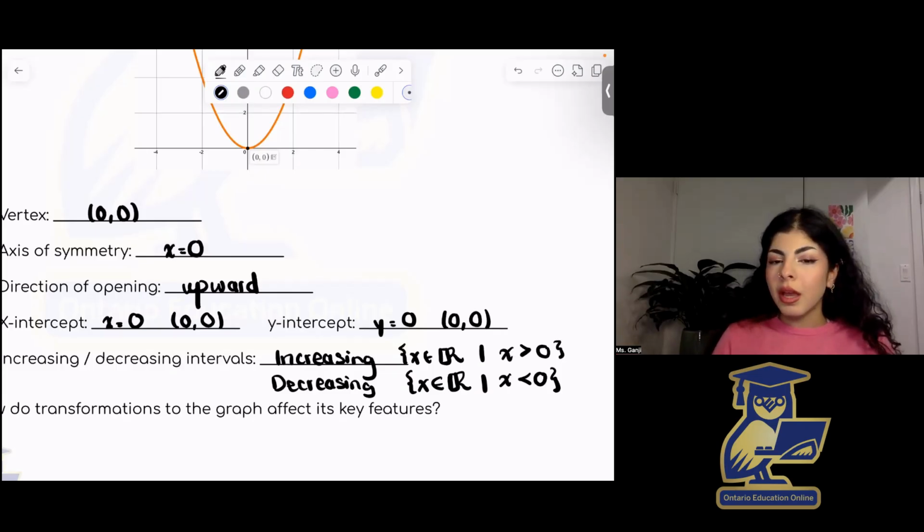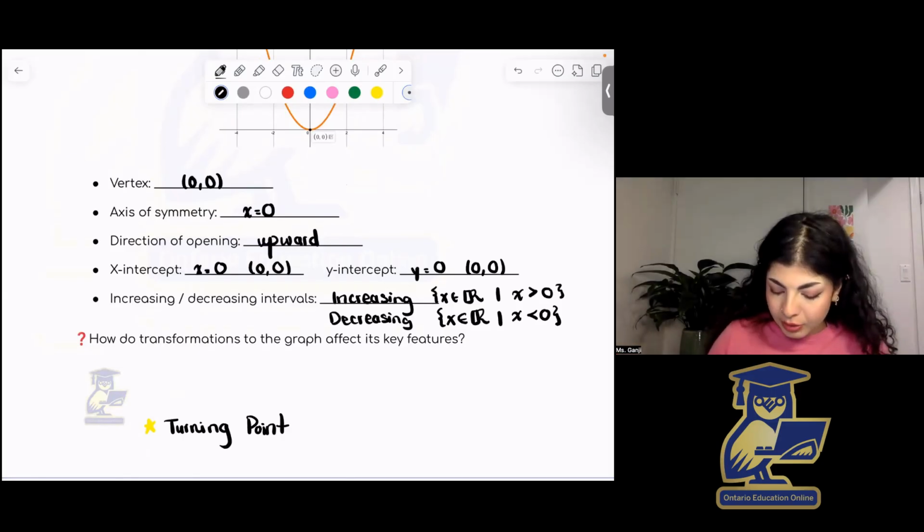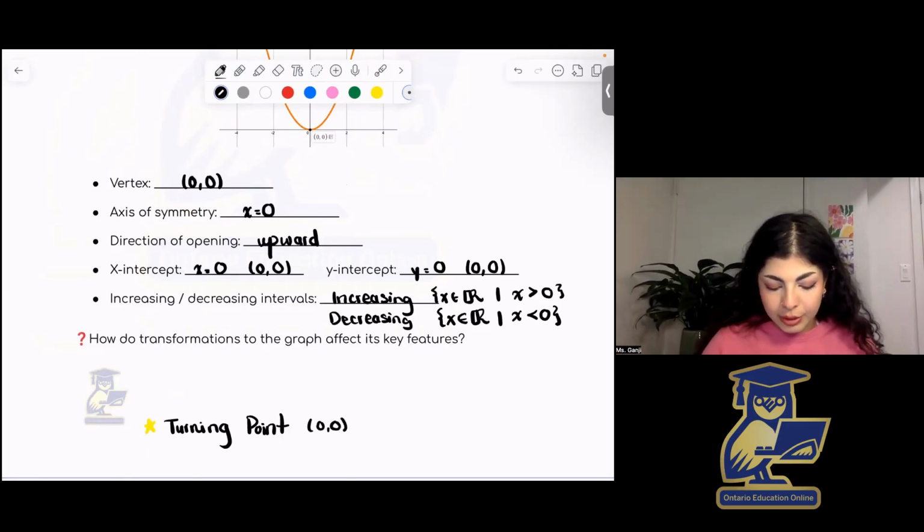And so now you might be thinking, what about 0? And 0 is actually called a turning point. So it is the point at which your function switches from increasing to decreasing. So at that point, it's neither increasing nor decreasing. It's simply the turning point. And so let me just add that there. Turning point is 0, 0.